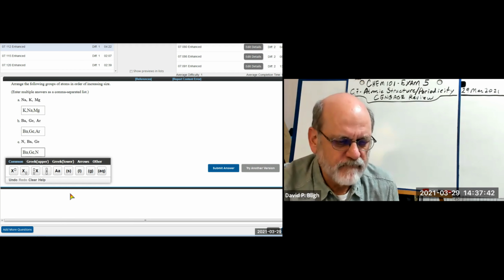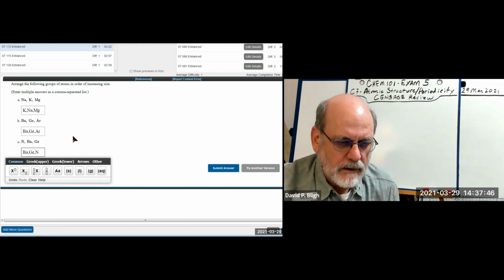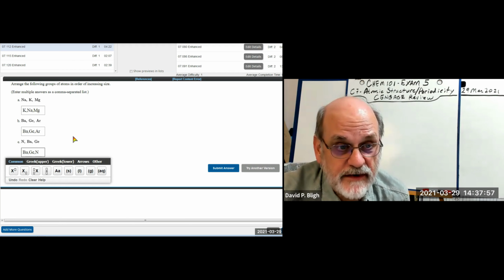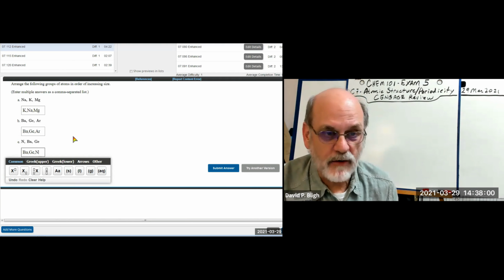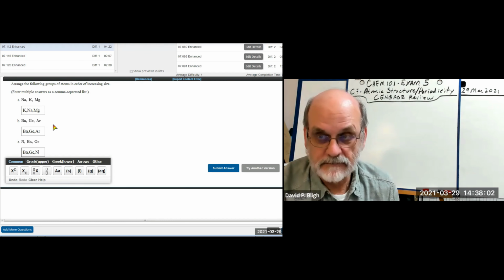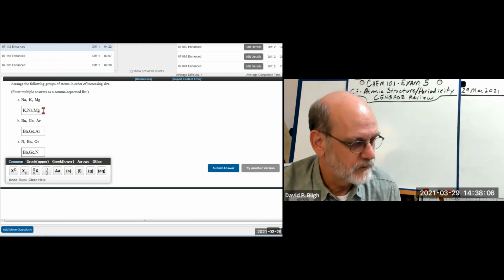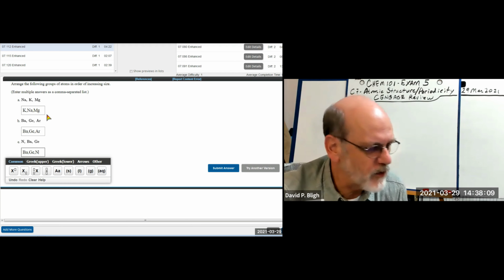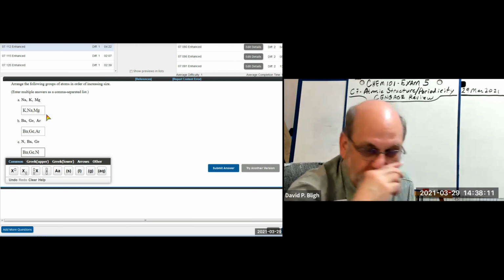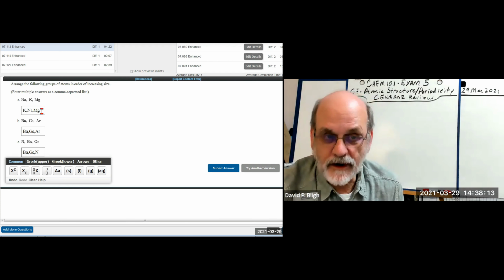I wonder, when you get to argon, now this is an increasing size. I'm doing it backwards, am I not? Yeah, I'm doing it backwards. Increasing size would be the other way around. Potassium, sodium, magnesium goes the wrong direction. So I've got to reverse them.